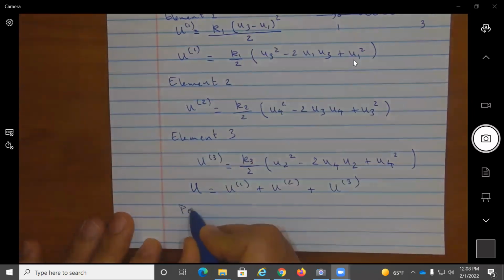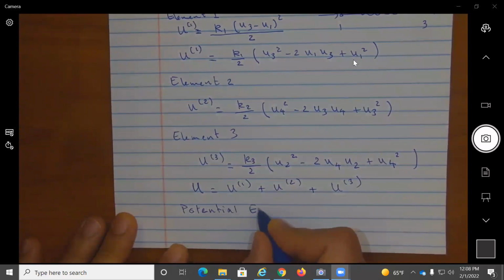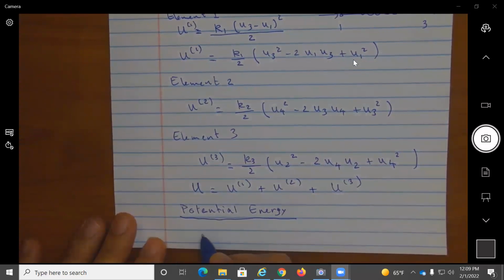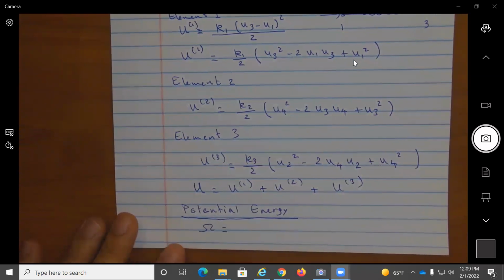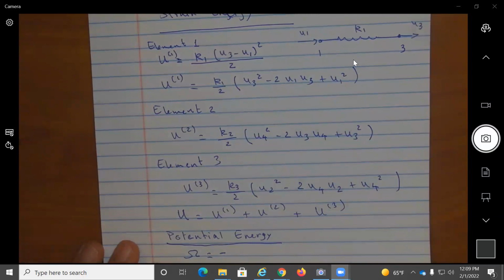For the potential energy, we're going to have omega equal to, we always have a negative sign, and I have the external forces multiplied by corresponding displacements.